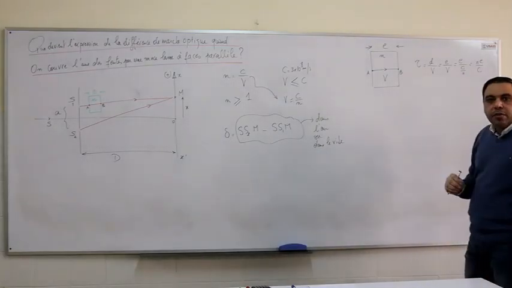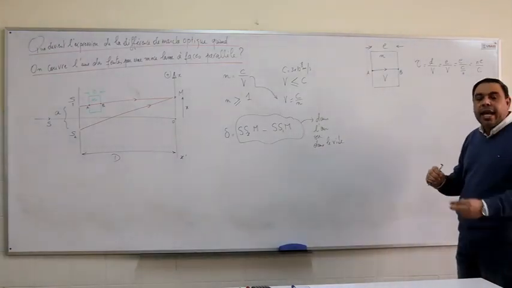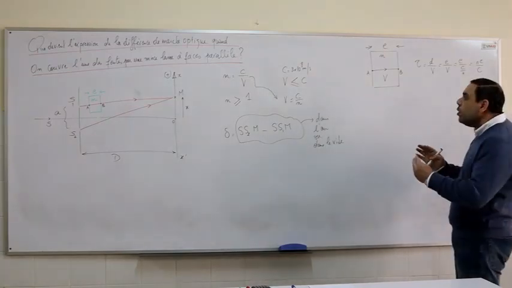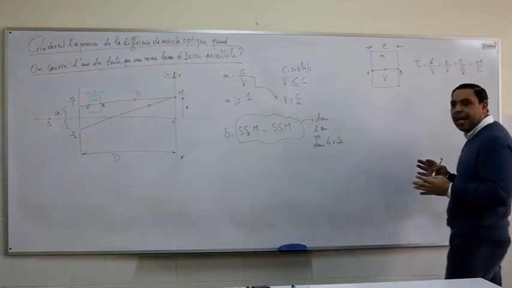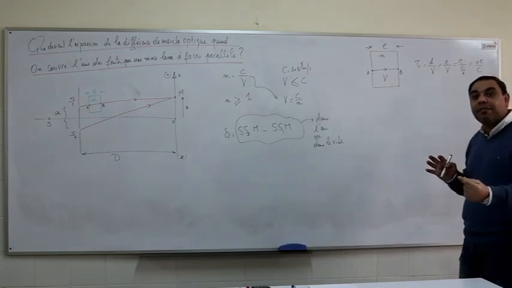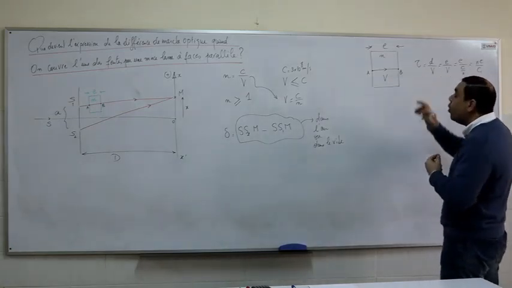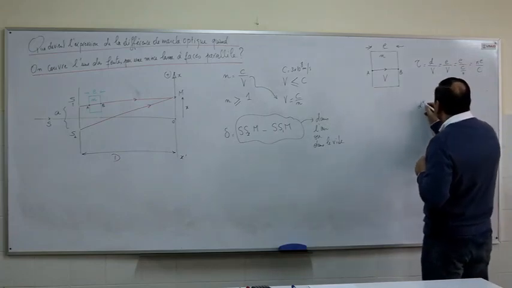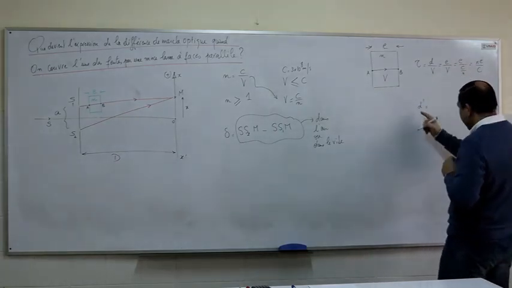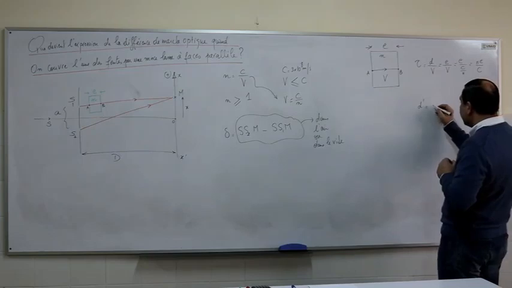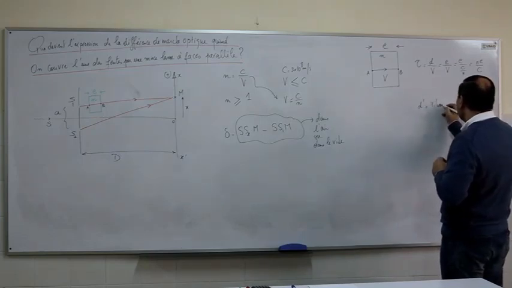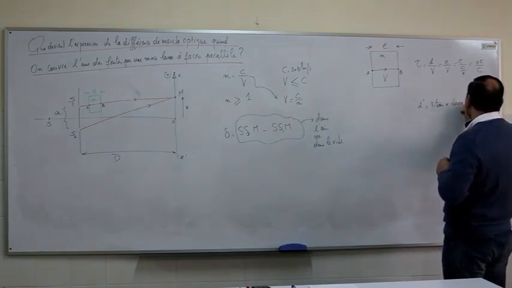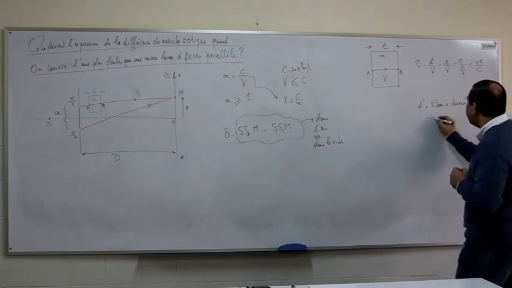What is the thickness of an air medium that can replace this plate? Light will travel the air thickness in the same duration tau. The air thickness, for example, d prime, and the distance is equal to the speed multiplied by the duration.